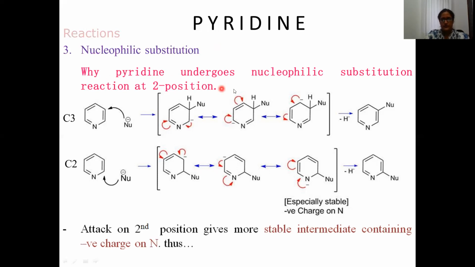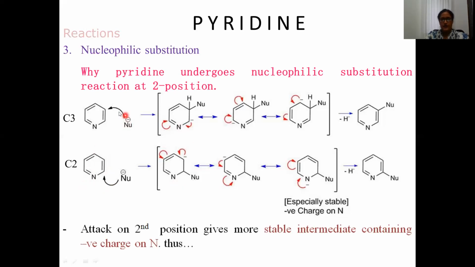So why does pyridine undergo nucleophilic substitution at the second position? As we have discussed, electrophilic substitutions are possible at C3, but for nucleophilic substitution, only the second position is susceptible. So when a nucleophile attacks at C3 or C2, the C2 position is more preferable for nucleophilic substitution.